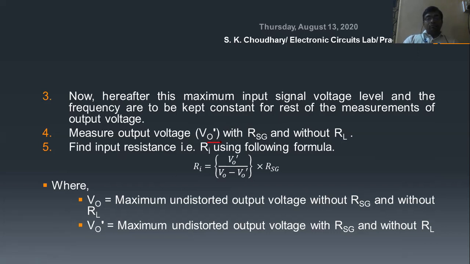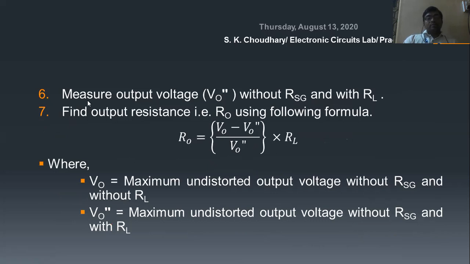This V0 dash is used to find the input resistance Ri. The formula for Ri is V0 dash upon V0 minus V0 dash, into RSG, where V0 is the maximum undistorted output voltage without RSG and without RL, and V0 dash is the maximum undistorted output voltage with RSG and without RL.